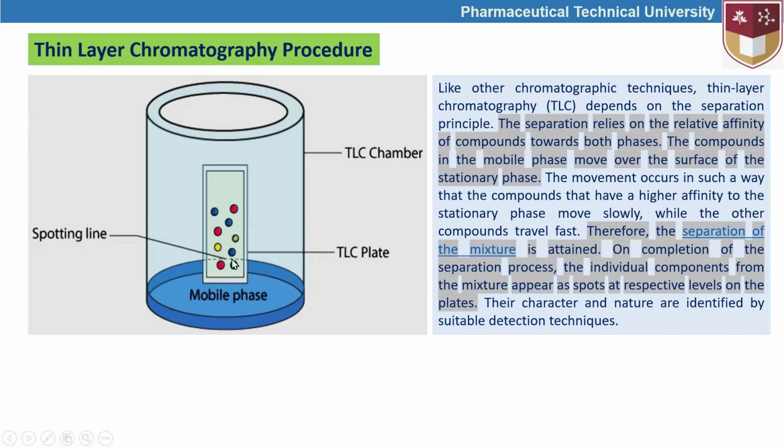As we install the TLC plate inside, the mobile phase starts to go up, so the separation on the surface of the TLC plate can happen. The movement occurs in such a way that the compounds that have a high affinity to the stationary phase move slowly, while the other compounds travel fast.